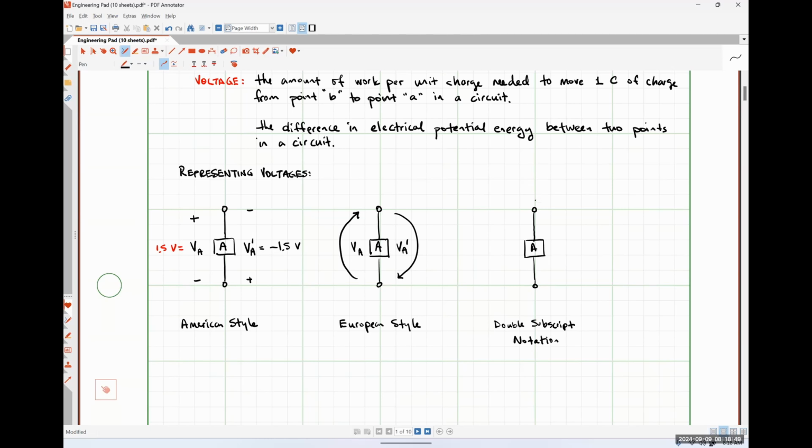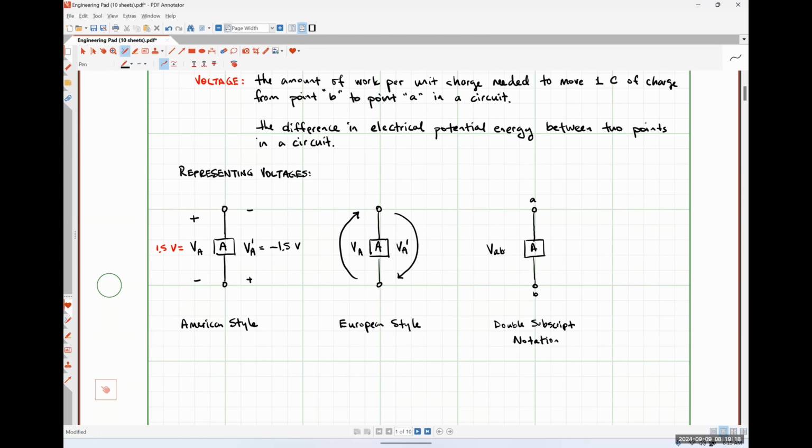So I might label this top node with a lowercase a, and this bottom node with a lowercase b, and then I would indicate my voltage as VAB, where the first letter in the subscript corresponds to the positive polarity terminal of the device, and the second letter corresponds to the negative polarity terminal.